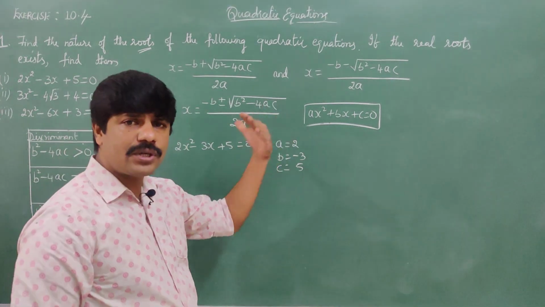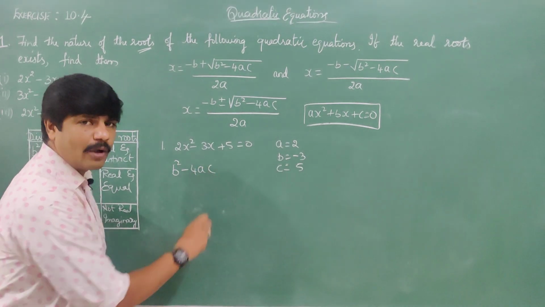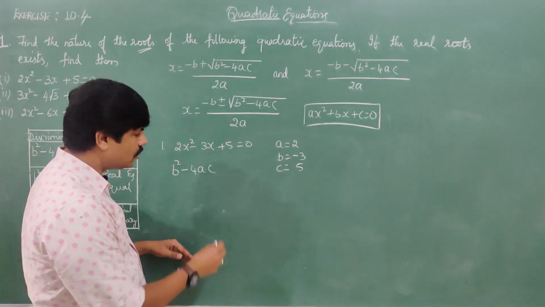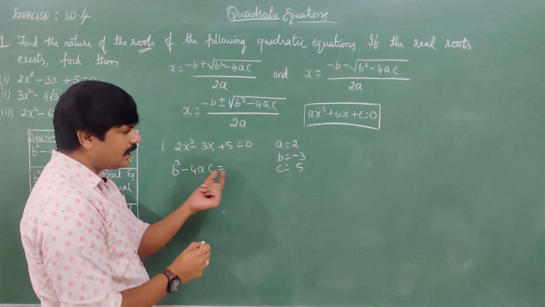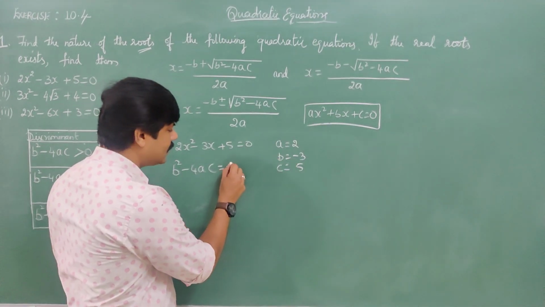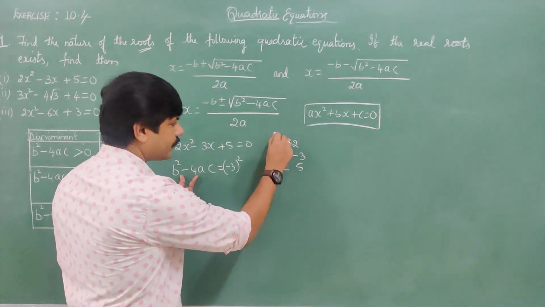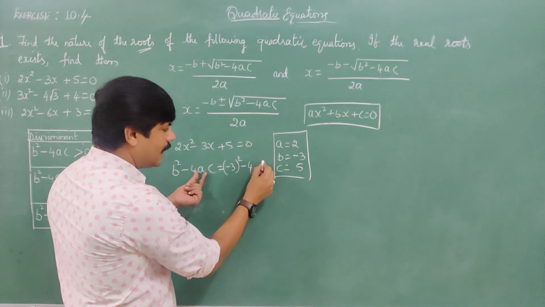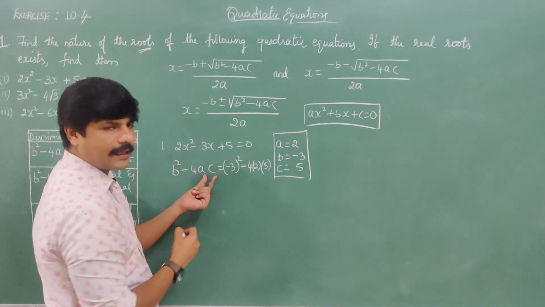Once you get that, compare this with b square minus 4ac. Why? To find the nature of the roots. Okay, b square minus 4ac. So what is this b square? b square is nothing but minus 3 square. Just substituting. Then a value is 2. Just substitute values. And c value is 5. Okay.